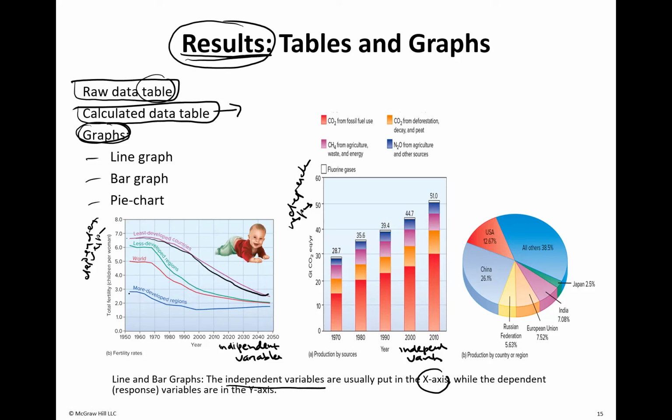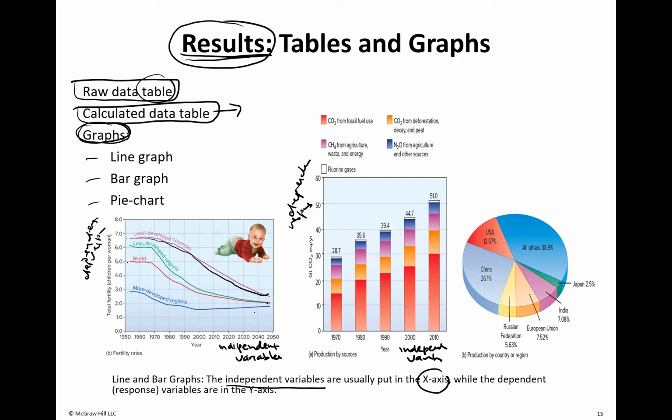In the more developed country, for example, it is also reduced from 3 to about 1.8 or 2. And on average in the world, from 5 children per woman in 1950, it goes to around 2 children per woman.